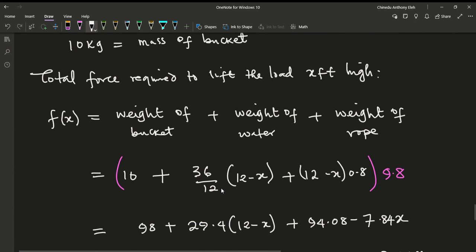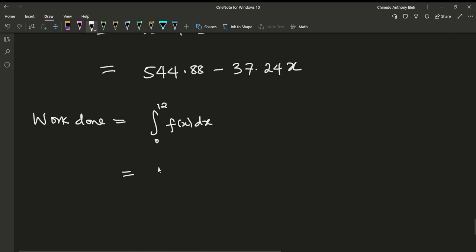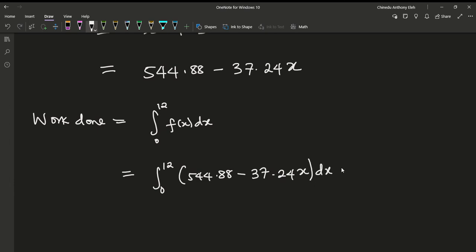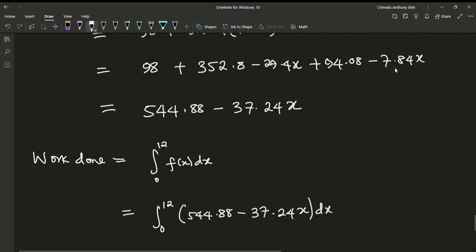So we plug in: this is the integral from 0 to 12 of 544.88 minus 37.24x dx, and I will leave you to finish this. You should be able to work it out nicely, even though the numbers are ugly, but I think you get the idea. So I'll stop here.